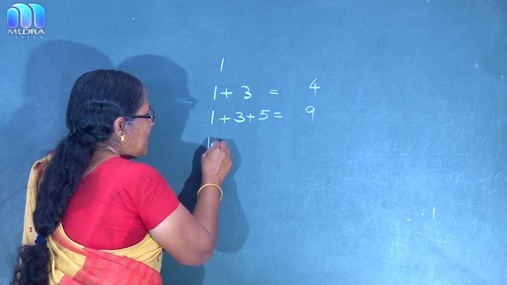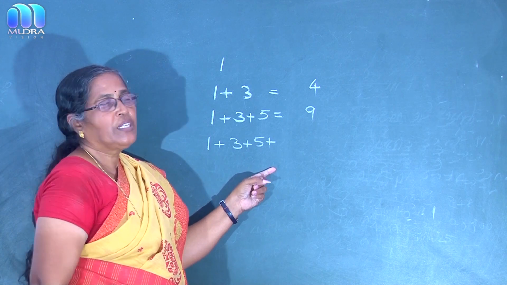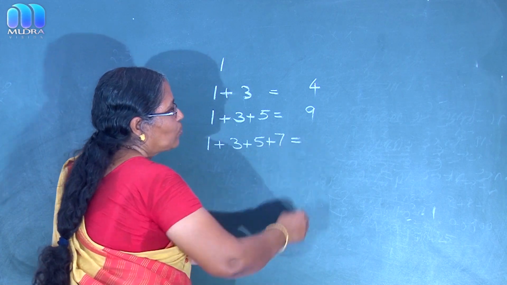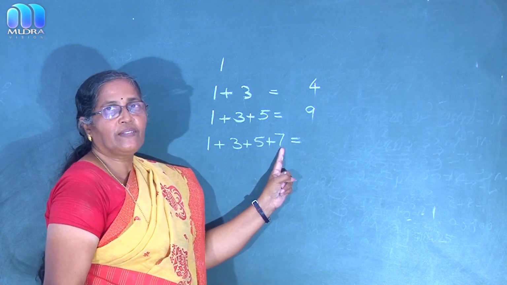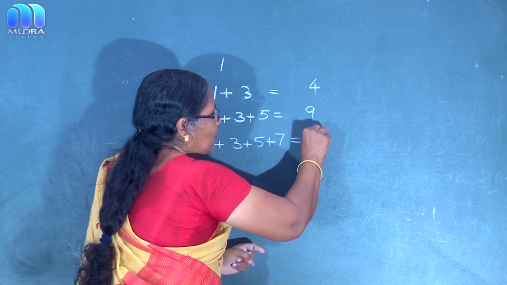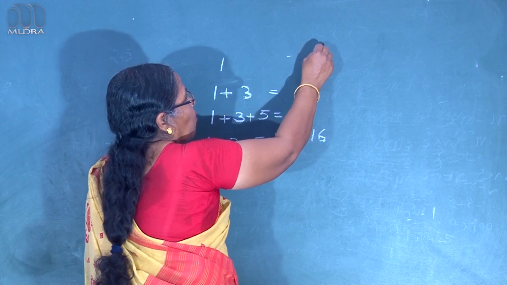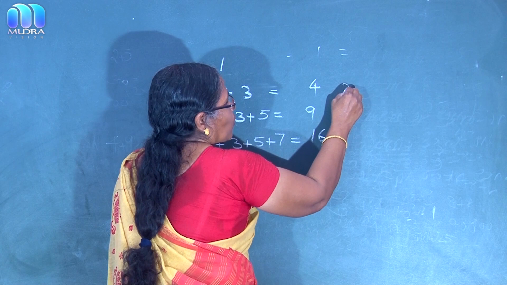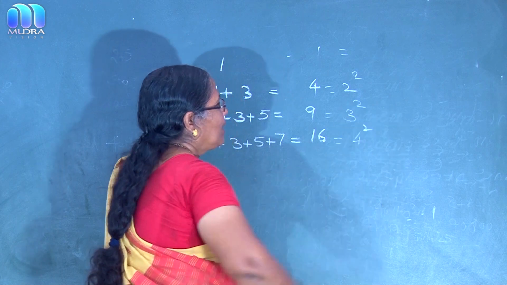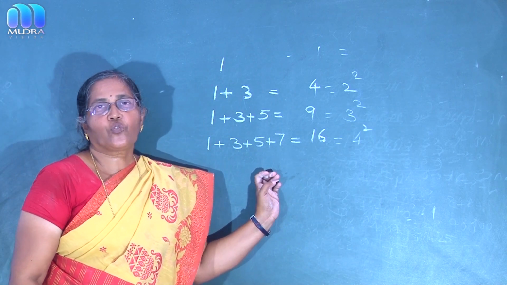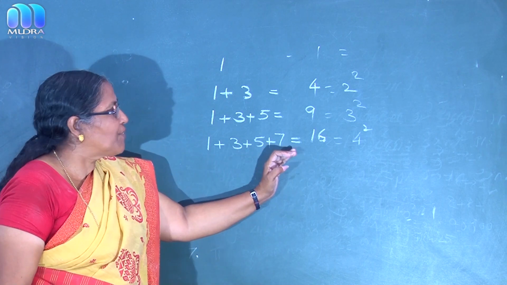Then 1 plus 3 plus 5 plus 7 is equal to 16. What is the speciality of these numbers? Yes, this is 1 square, this is 2 square, this is 3 square and this is 4 square. Likewise, we can find the sum of odd numbers from this.